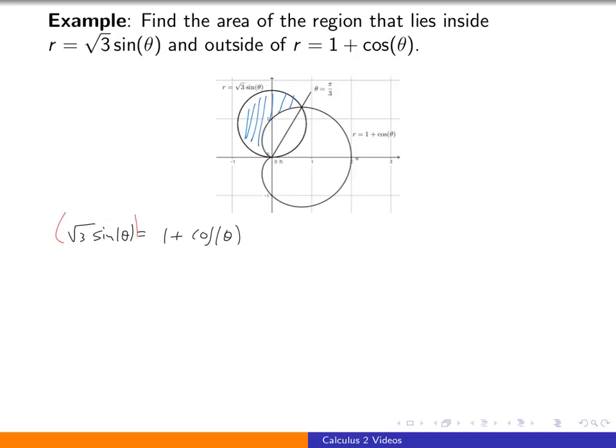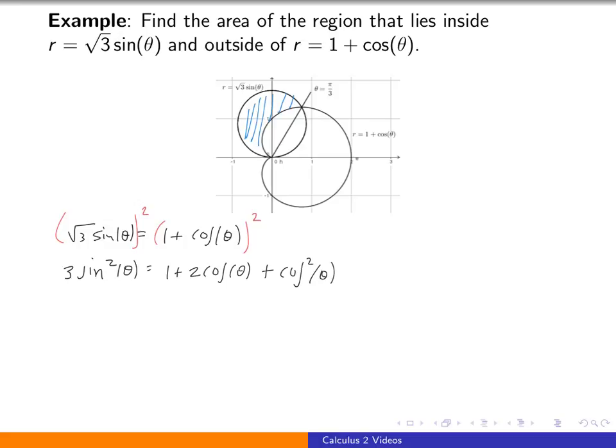So if these two quantities are equal, their squares are also going to be equal. So on the left, we will have 3 sine squared. And on the right, if we expand out, we would have 1 plus 2 cosine theta plus cosine squared.